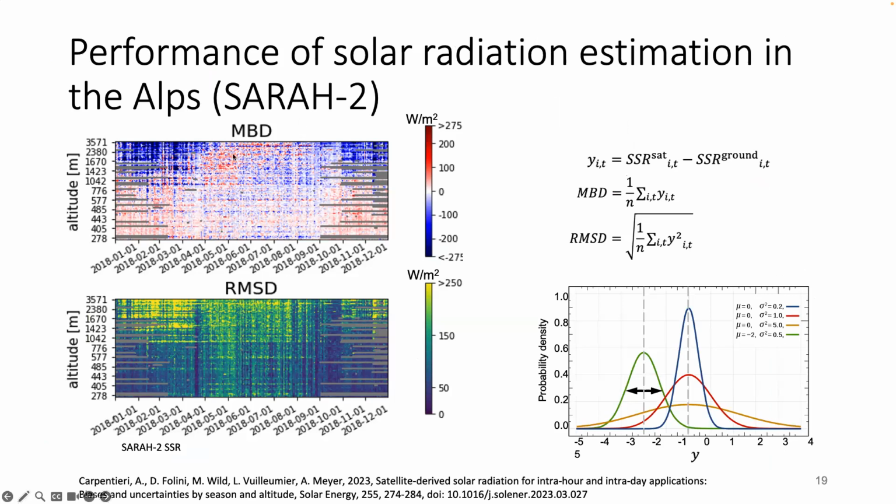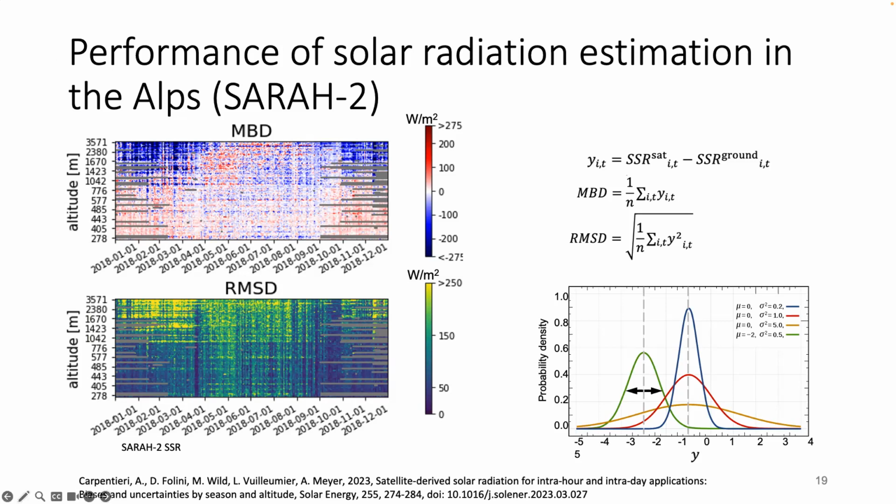We used this dense ground network of 130 Swiss parameters, a very nice network operated by the Swiss Weather Service. We used that to validate SARA2 at the time, and also another data set, Heliomont, by the Swiss Weather Service.